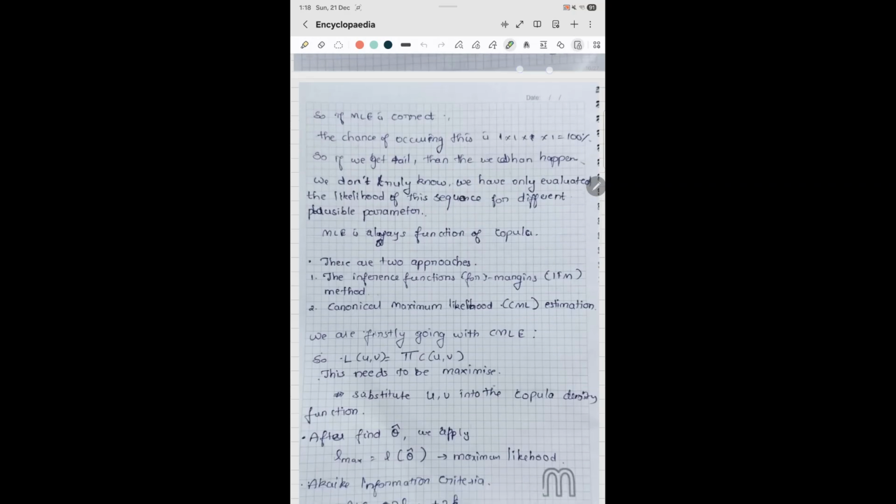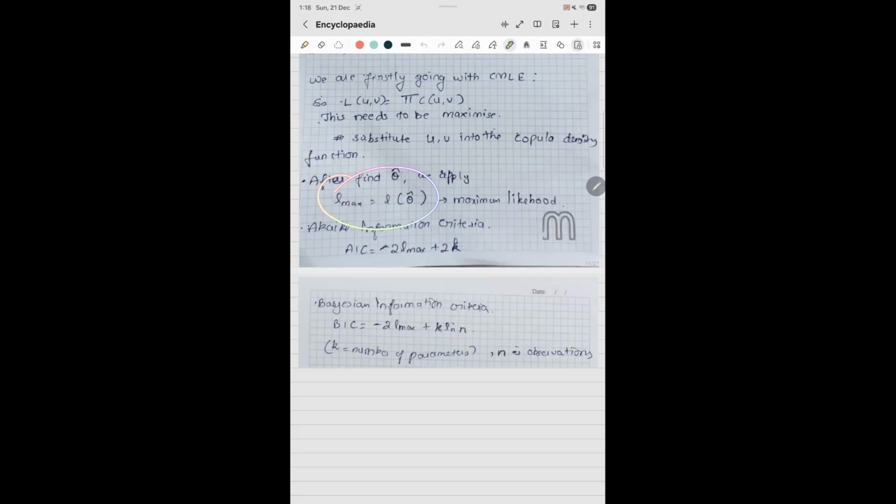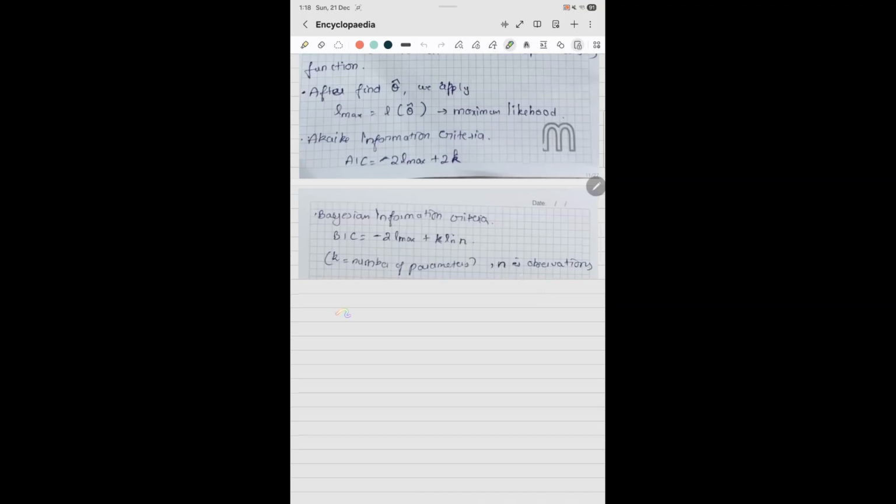From the theta we'll find the maximum likelihood estimator. From there we'll have the Akaike information criterion and the Bayesian information criterion. These are two evaluation metrics to find out which copula is better for your distribution. When AIC and BIC are very low compared to the next copula, we have to select that copula, okay.